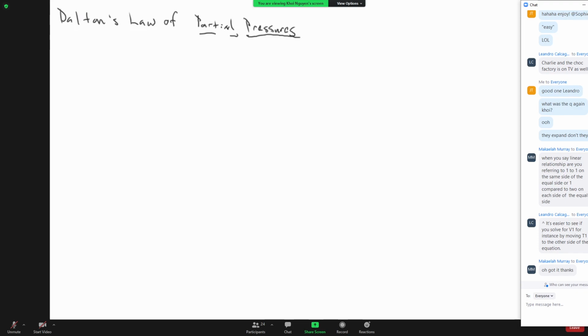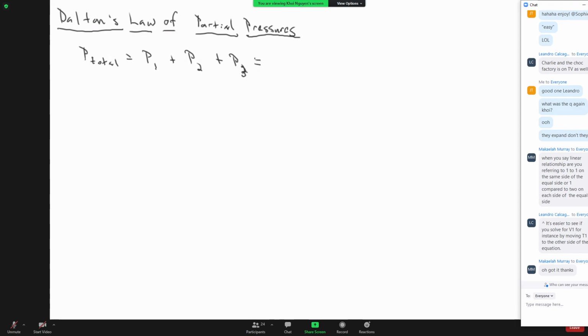So Dalton's law takes into account that what we call total pressure is equal to the partial pressure of each of the individual gases in the system, right?